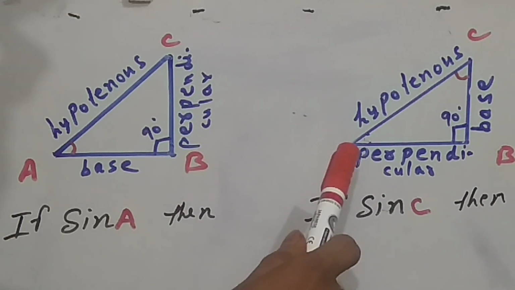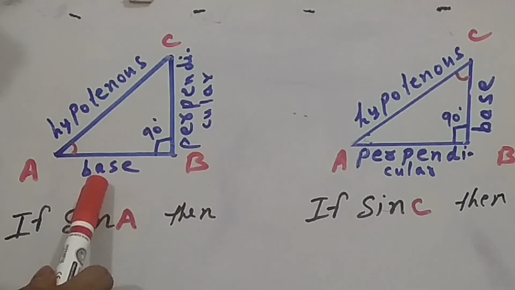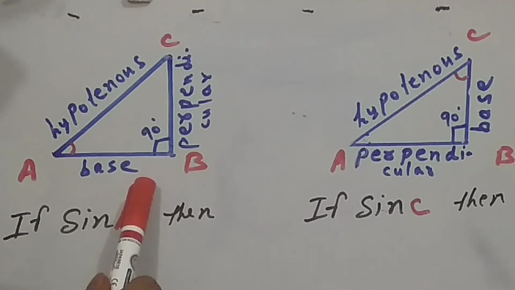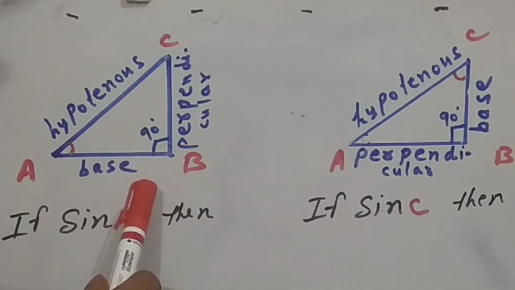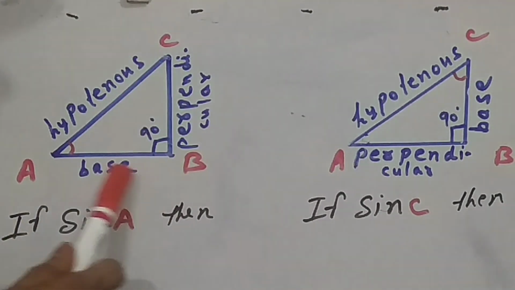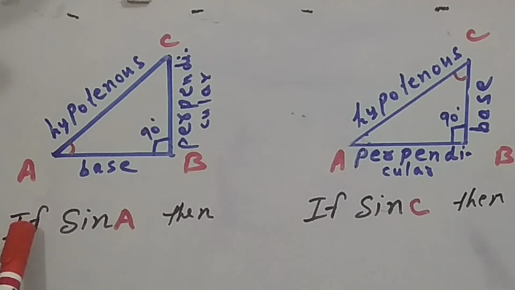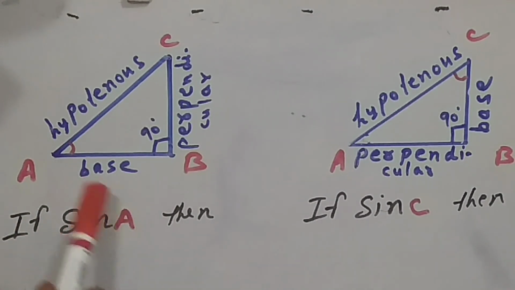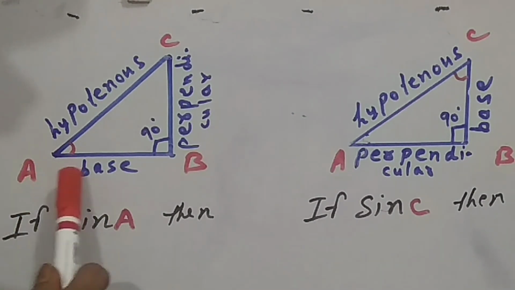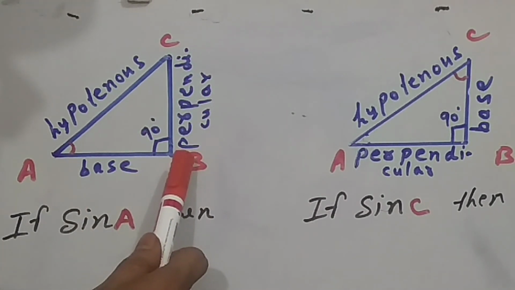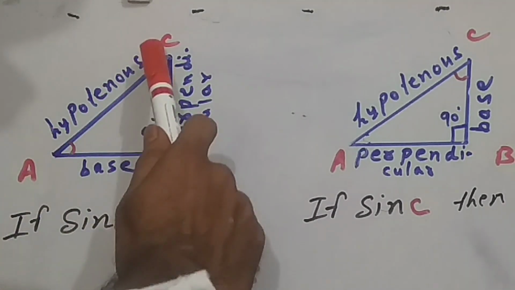This video is for class 9th and 10th math and topic is trigonometry. This is 90-degree angle. If we take sine A, then this is base, this is perpendicular and this is hypotenuse.